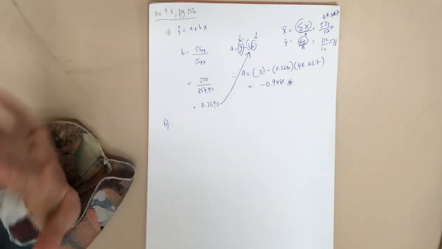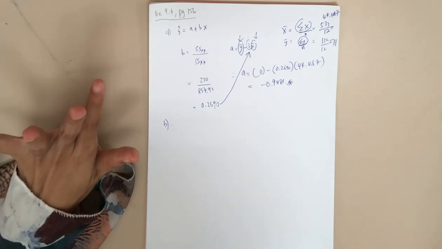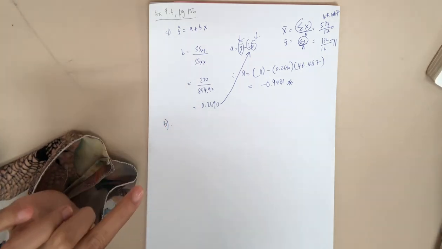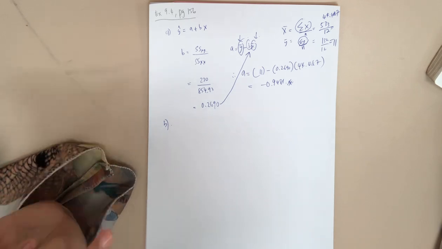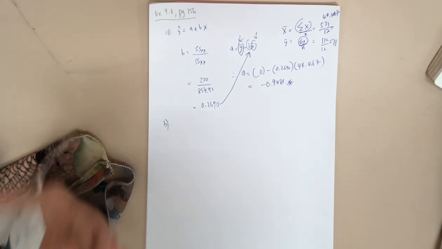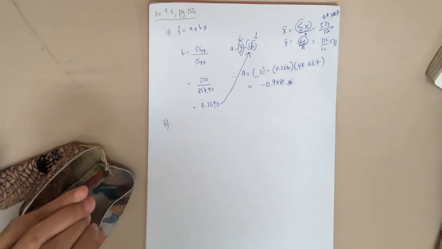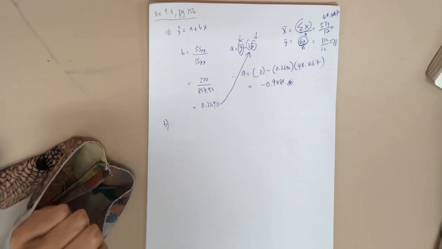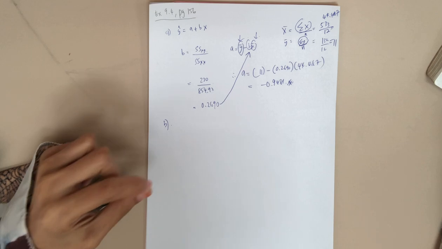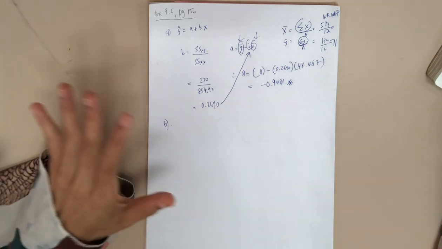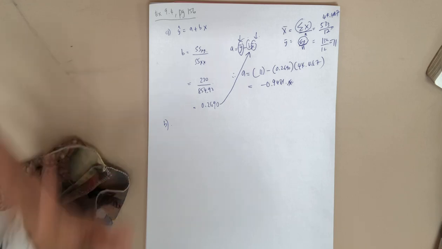So for this question, you can refer to the PDF or textbook, and in class we take it as a template. Every time you get this type of question which asks you to interpret, we use this template, and you just change the values.